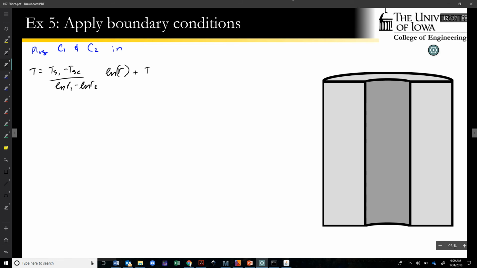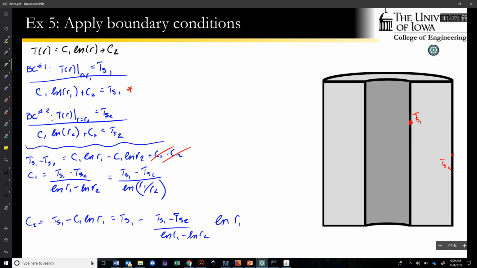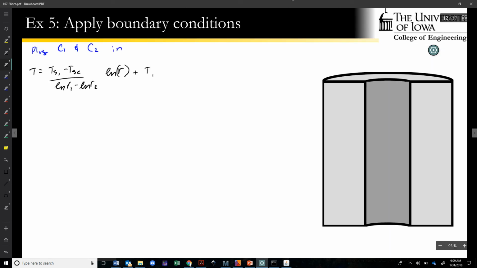T1 minus TS1 minus TS2 over ln of R1 minus ln of R2 times ln of R1.